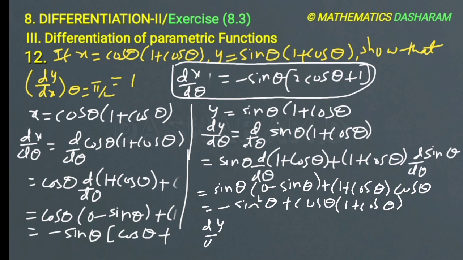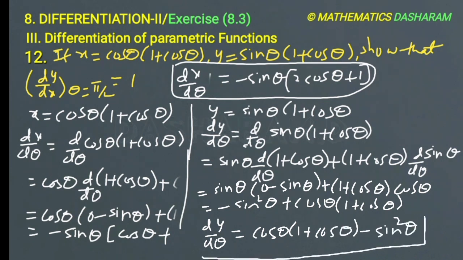So finally dy by d theta equals, first I will write the positive term, cos theta bracket of 1 plus cos theta, next the negative term, minus sin square theta.